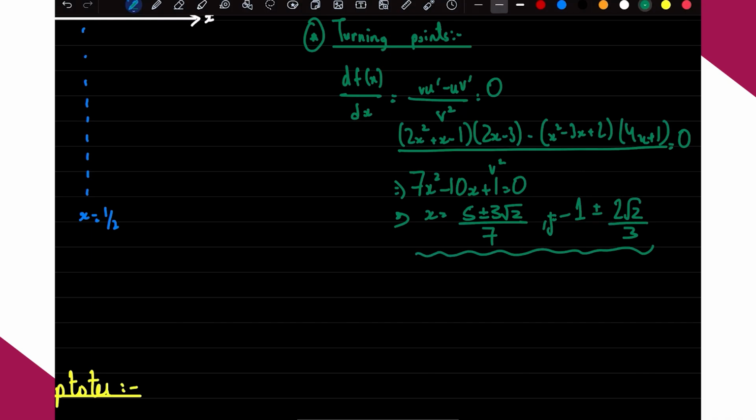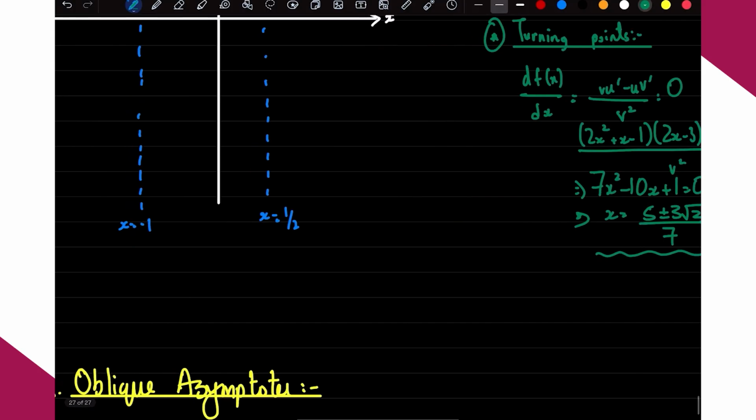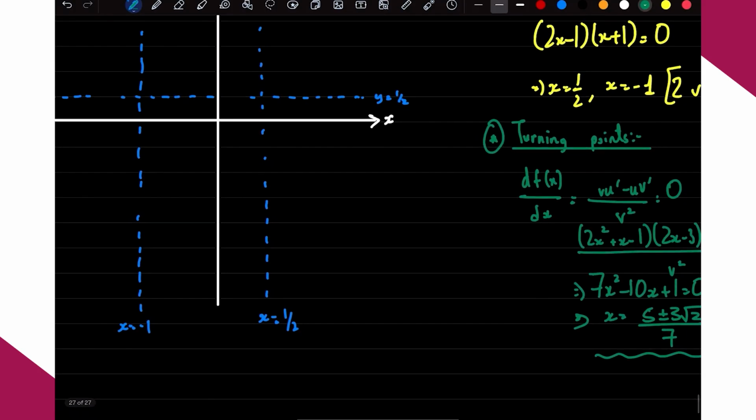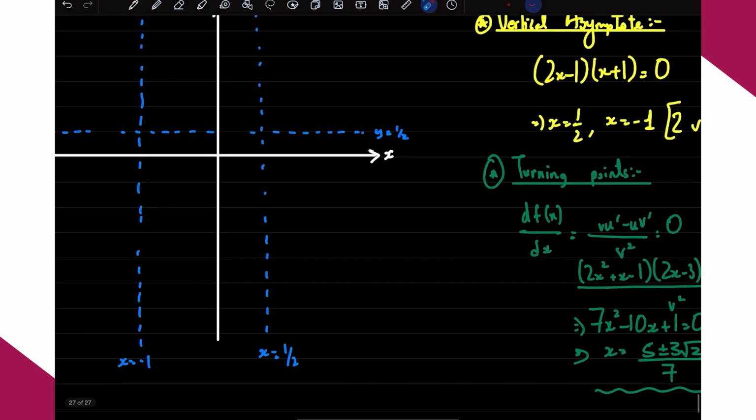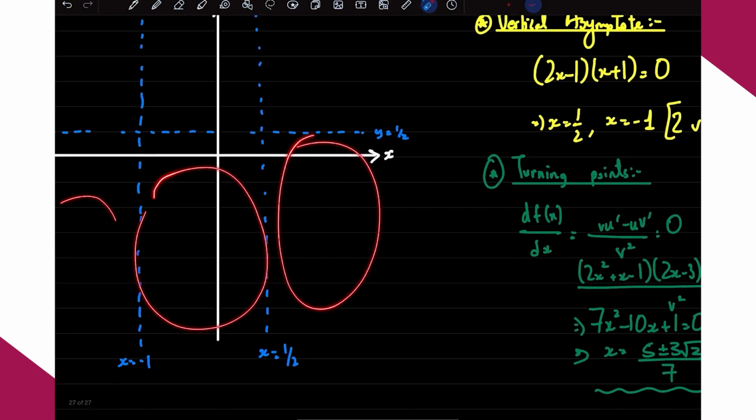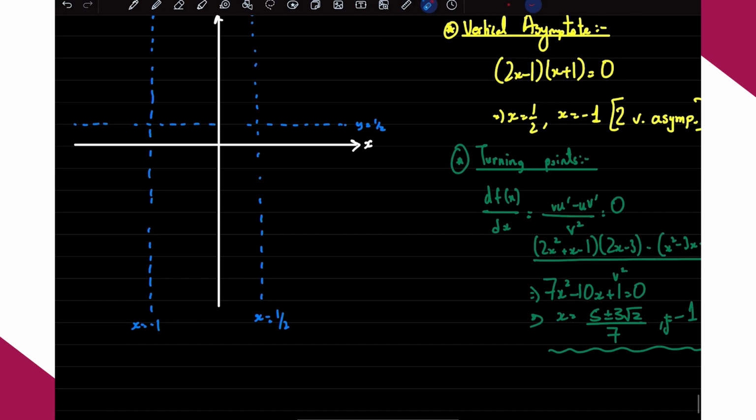Now, what we want to establish is where the turning points of this function are, right? Is it going to be on the negative side or on the positive side? Notice that turning points could be possible anywhere, right? It could be over here as well. It could be here, it could be here, it could be anywhere, right? So notice that this is 0.5.